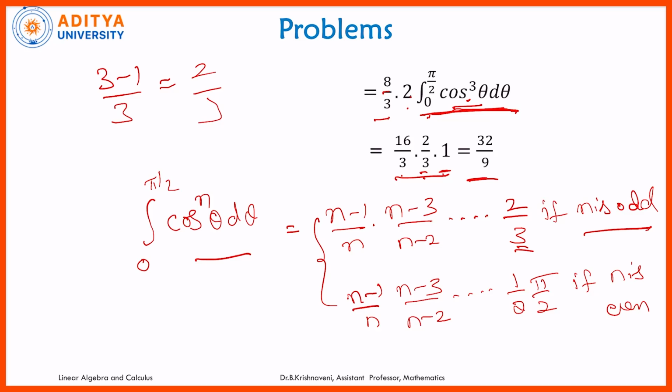So here we have used this formula in order to evaluate integral 0 to pi by 2 cos cube theta d theta. Since n is odd, by taking n equal to 3, 3 minus 1 by 3 is 2 by 3. Once you get 2 by 3, next you need to write into 1. So the answer will be 16 by 3 into 2 by 3 into 1, that is equal to 32 by 9.